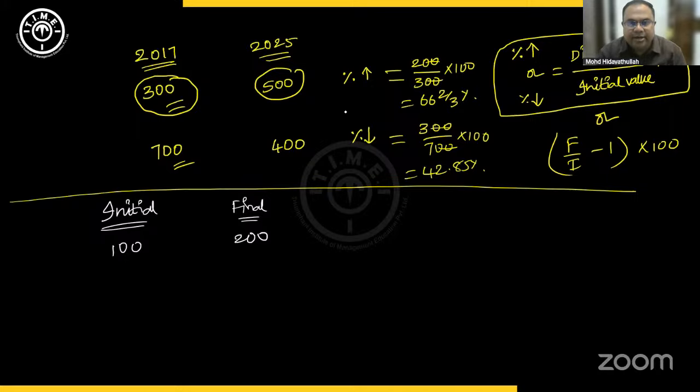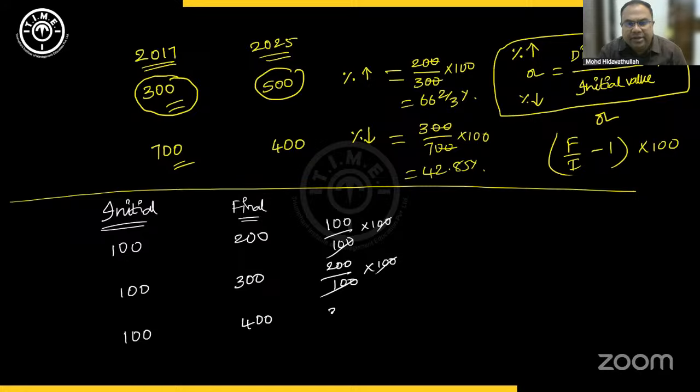Difference 100 upon initial value 100 into 100, 100%. Initial value 100, final value 300. Difference 200 upon initial value 100 into 100, 200%. Initial value 100, final value 400. Difference 300, initial value 100 into 100, 300%. So what is happening here?